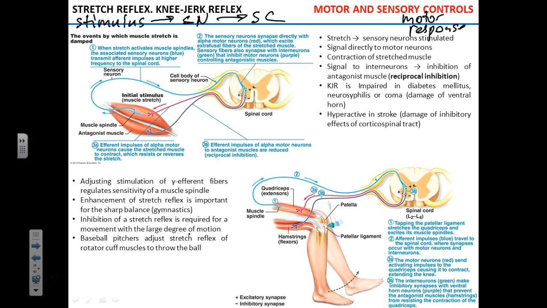What conveys the signal for the motor response? No. You just have spinal cord. Cortex is not involved. Motor what? What conveys? What transmits the signal? In the nervous system, what transmits the signal?